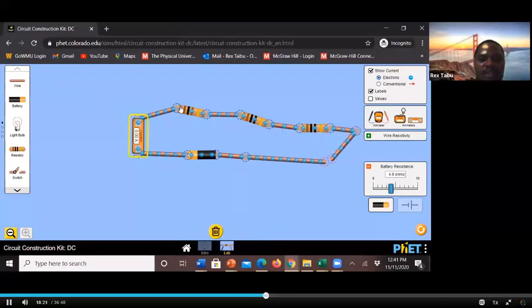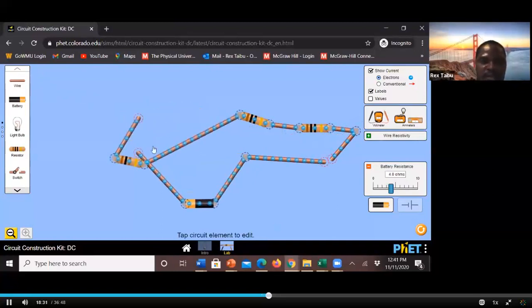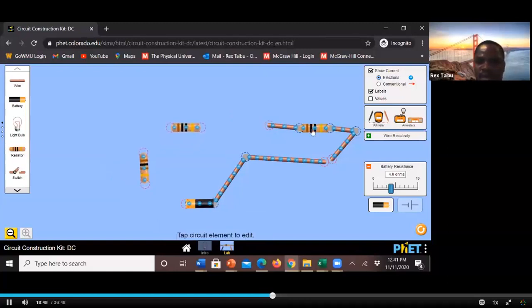I'm trying to mimic the circuit there. Actually, our circuit is like this. It's similar, it's not exact, but I just want to draw it the way it appears there. There is a resistor here, another one right here, another one, and another one here, according to the circuit.